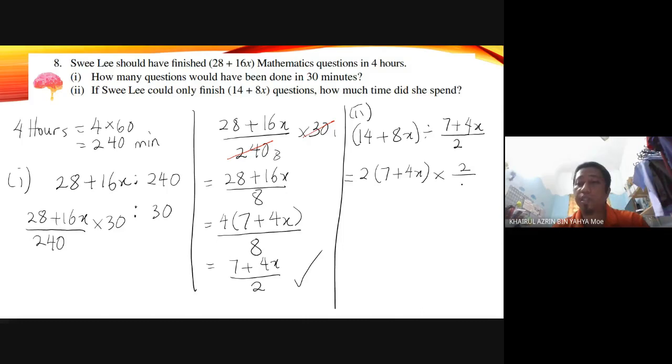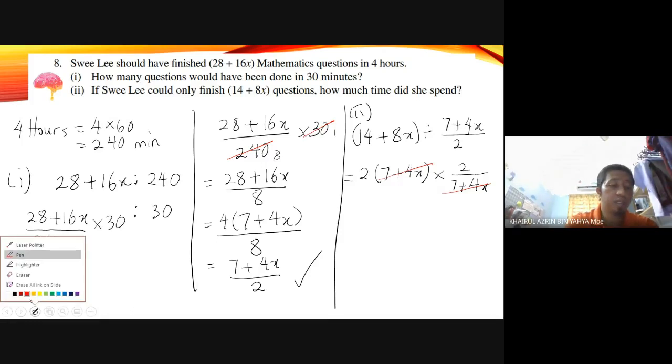So we change upside down, 7 plus 4x. Okay, like that. So if you notice here, we can eliminate 7 plus 4x, 7 plus 4x, and we can eliminate.